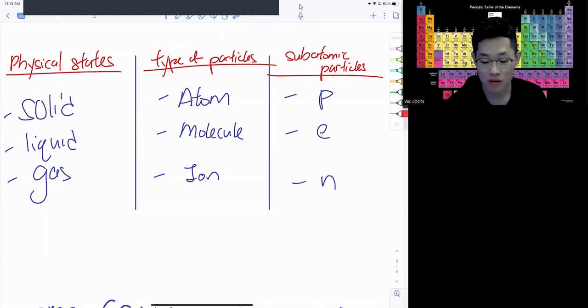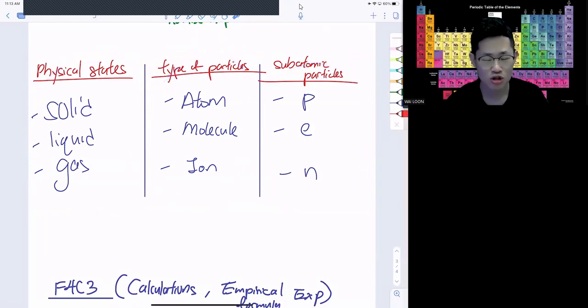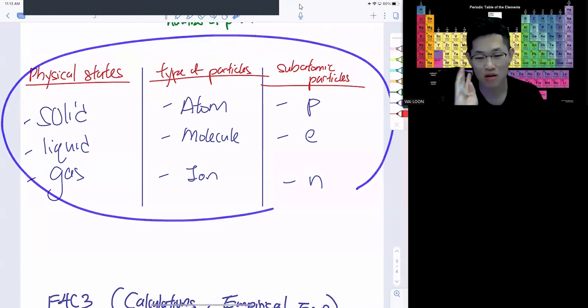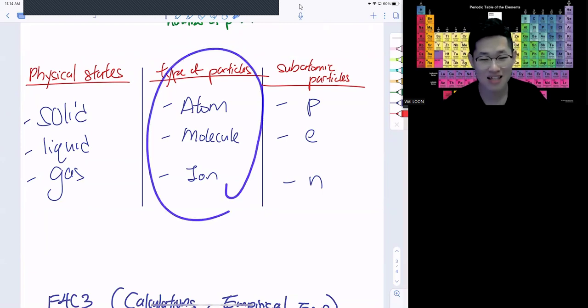Yes. So because they are all like three answers, students very often will give the wrong answer. Very important. In exam, normally they should come out on either one of the questions here. So make sure you answer in the correct area. If they ask for type of particles, answer among these three.